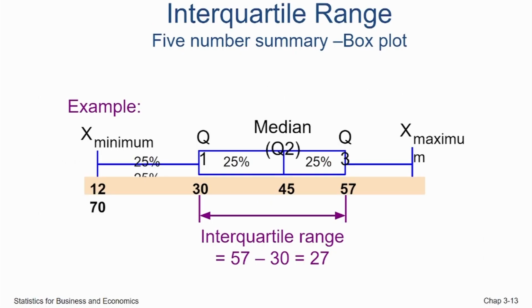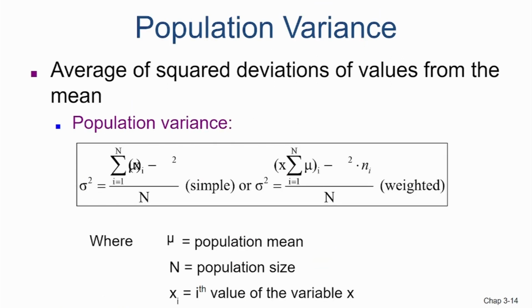That is also a nice way to explain a measure of variability. As we show in this case, the median is 45 and the interquartile range is 27.